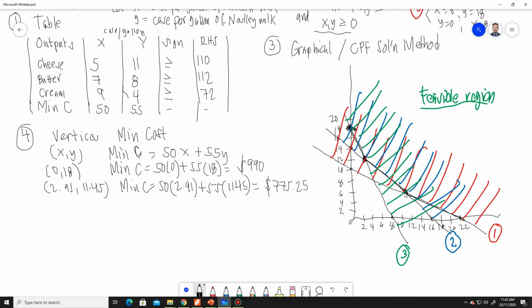For this vertex, this is 9.50 and 5.68. We will get the cost.